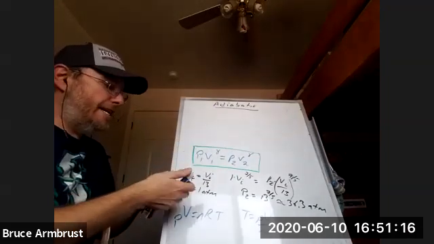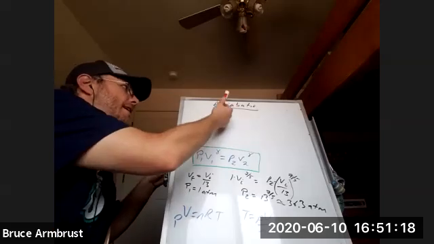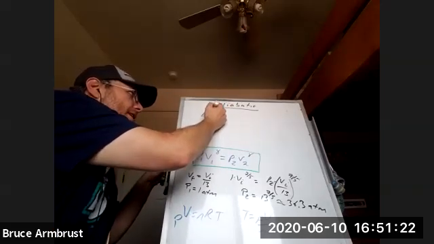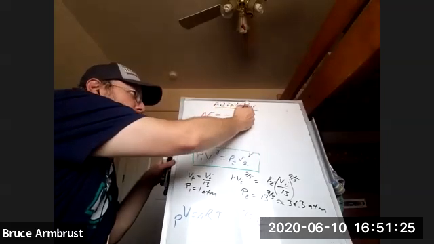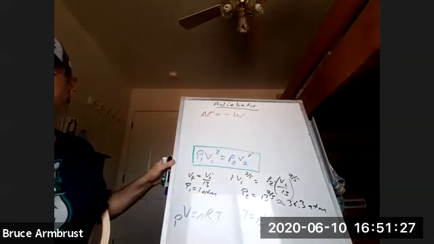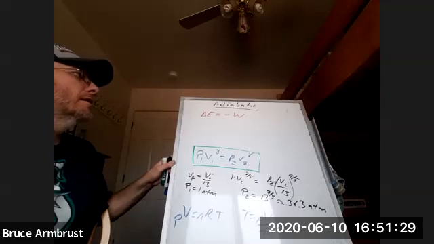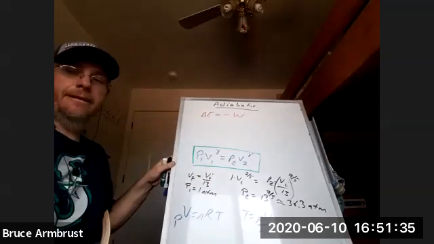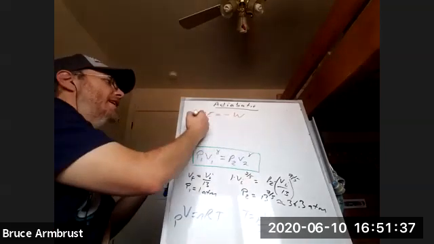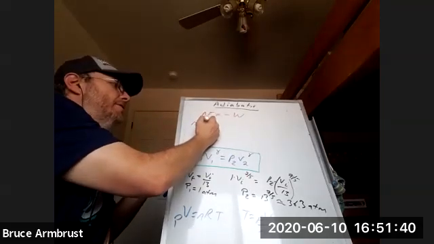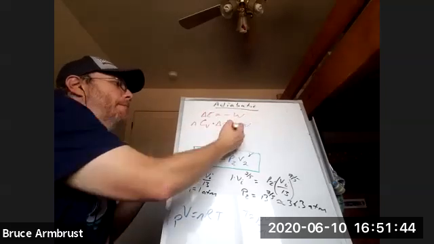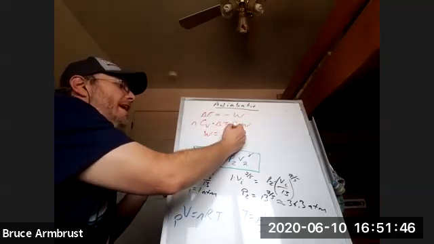Because again, for adiabatic, since we know that the heat is 0, we know that the change in energy is equal to the negative work. So let's think about the change in energy. Well, the change in energy we saw was equal to N times CV times delta T. So the work is the negative of that.